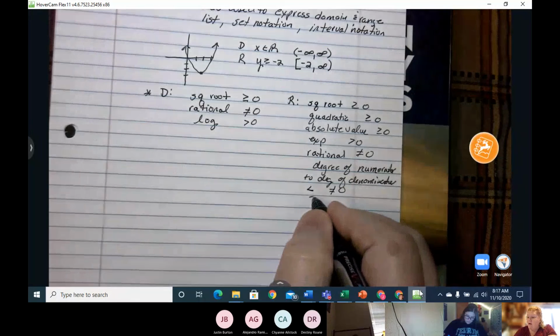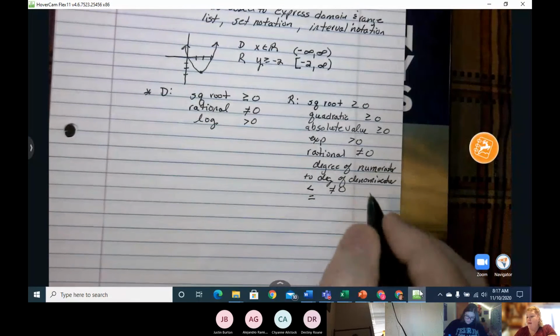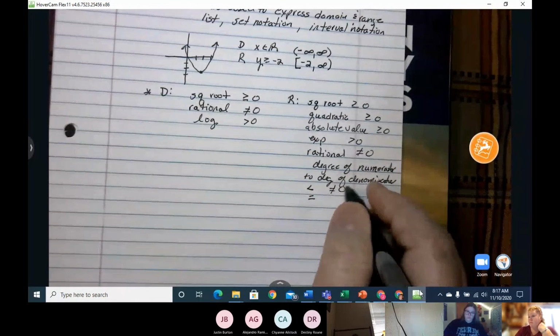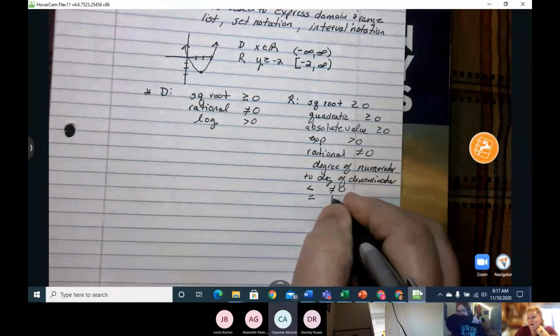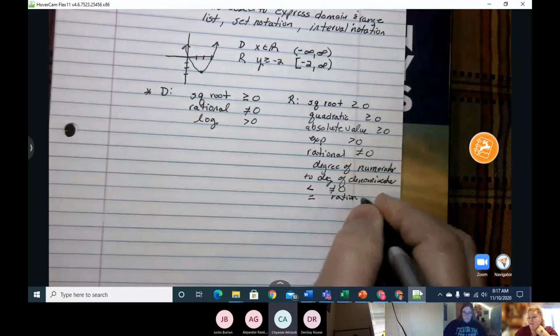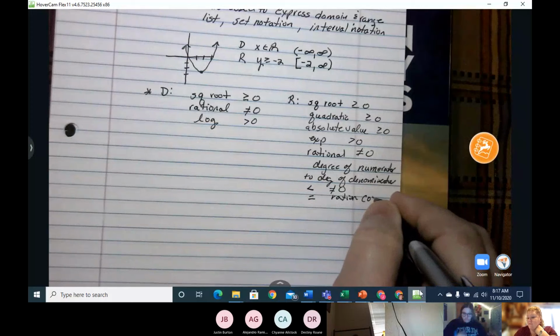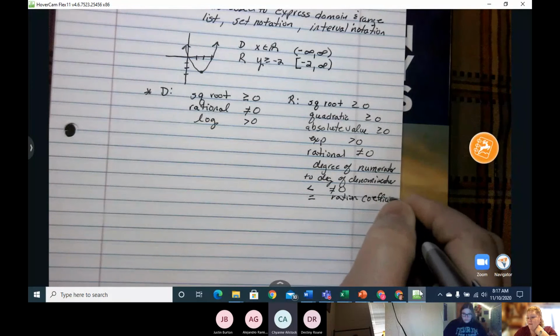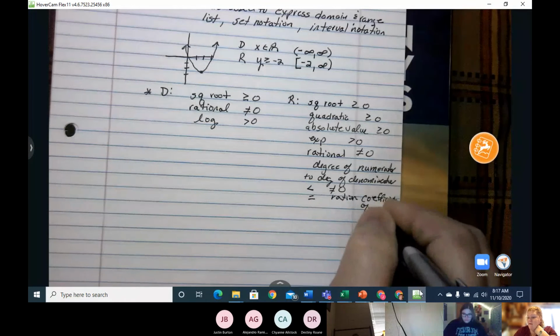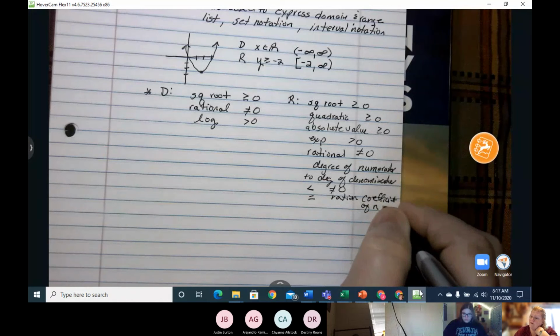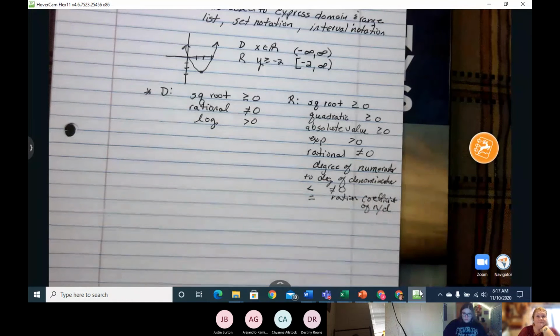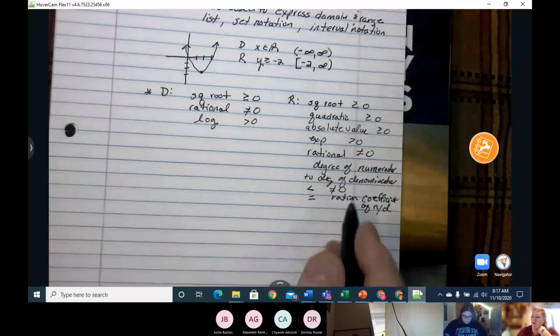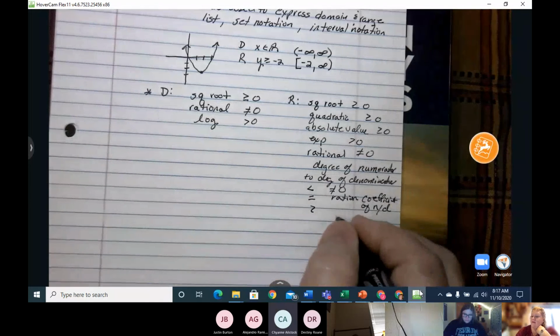If they are equal, you make a ratio of the coefficients of the numerator over the denominator. If it's bigger on top, then there is no restriction.